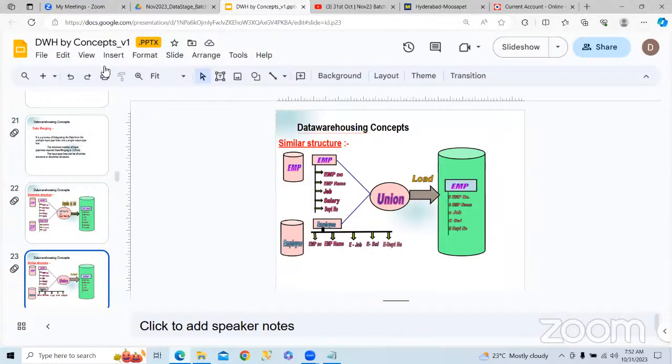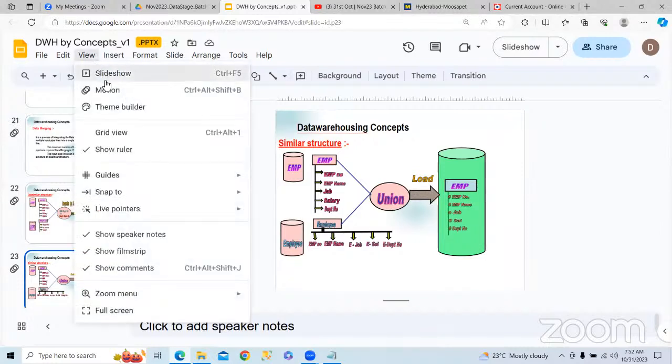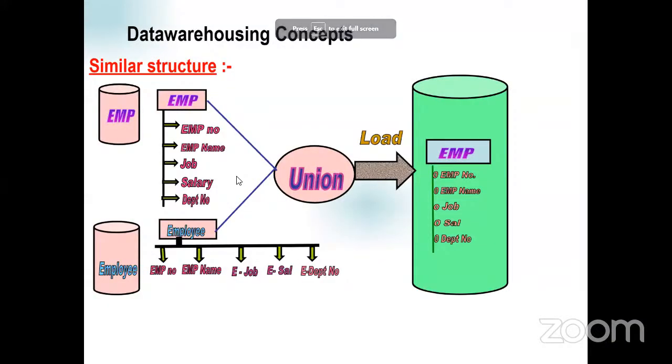If your target is a file and your requirement is to share it with the user or downstream applications, you remove the duplicates and share the file. So similar structure means table names are different, but the layout is the same.